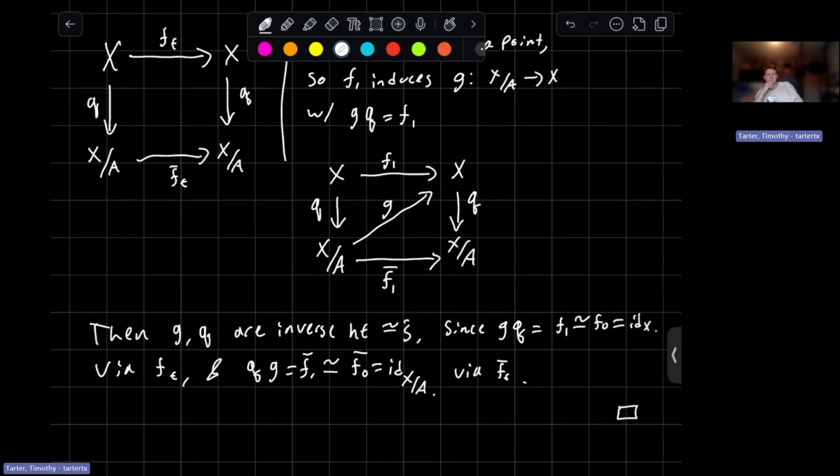In the mod, it's homotopic to the identity map. And then its inverse is homotopic in X. And since the composition of those two things are homotopic, the composition of homotopy equivalences are homotopy equivalences.